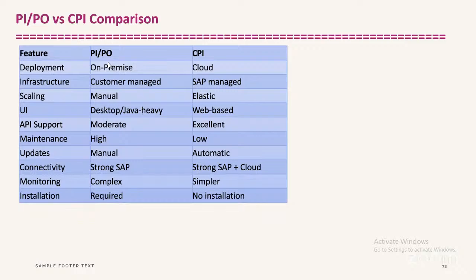In a PI/PO system, whatever patches they want, they can upgrade those patches only. If they don't want any patch, they can remove it. For CPI, everything is controlled by SAP only. These are some comparisons I have added here, so you can go through this.